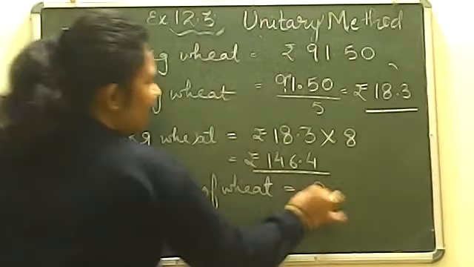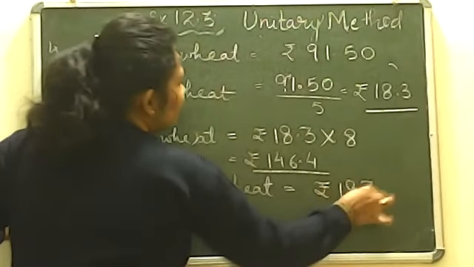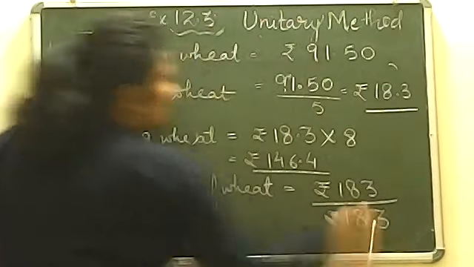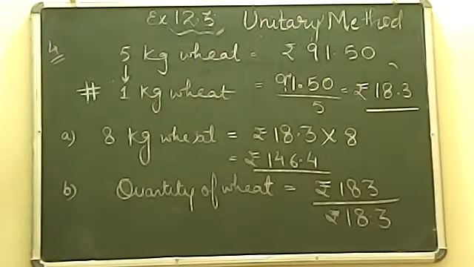So again you will have rupees 183 divided by rupees 18.3. Simply divide because you already know the cost of 1 kg. 1 kg is coming at rupees 18.3. Divide it. Now you tell me what will be the answer.